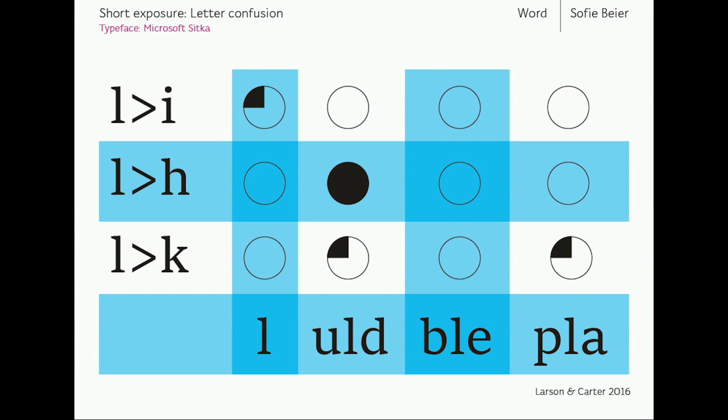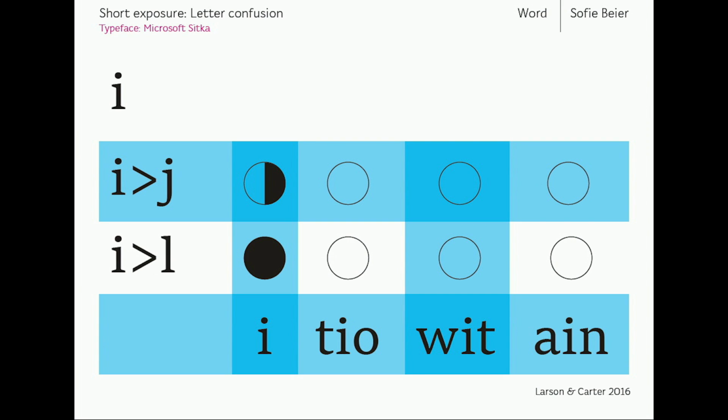The same also for the L, that you see that there are misreadings for H and K, depending on the letters afterwards. And in this case, I think this is quite interesting. There were no misreadings when it was placed within a word, but in isolation, there were the classical misreadings that we always think of, that A is misread for L or J.